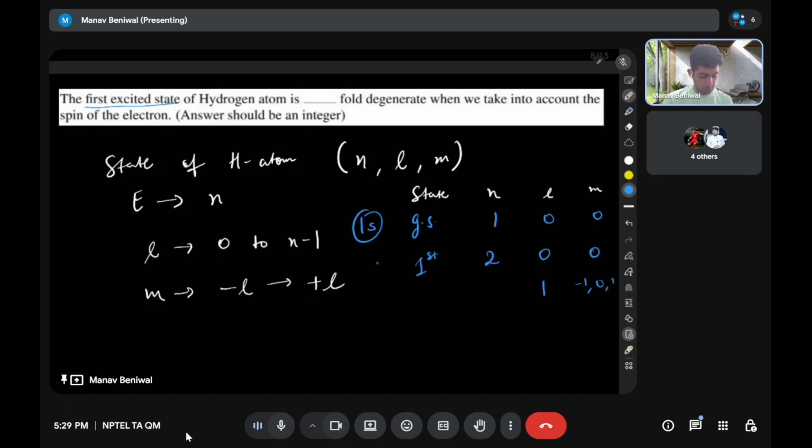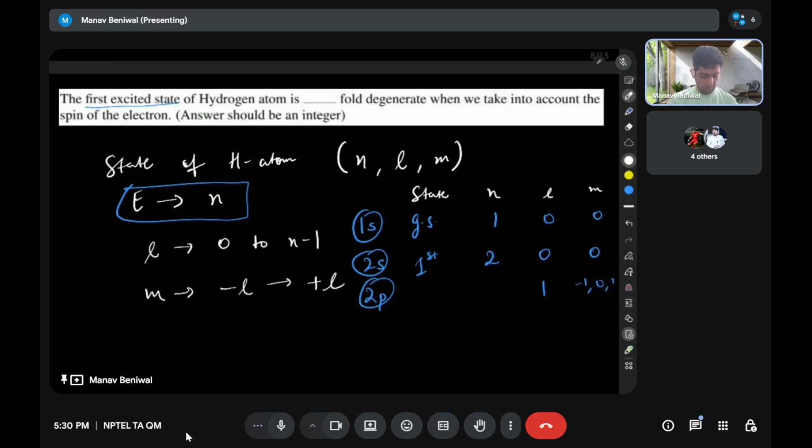So this corresponds to our 2s and this corresponds to our 2p orbitals. You can see there are three of them. Because our energy depends only on n, it is independent of l and m. So if we want to find its degeneracy, we have to count how many possible states there are. There are actually 4 possible states.